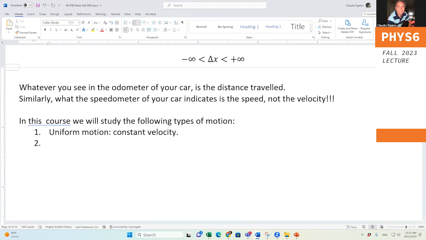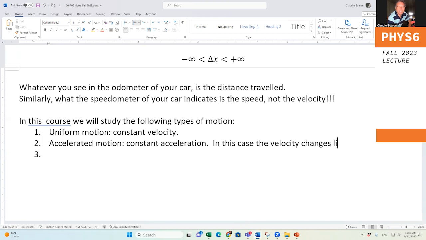And then accelerated motion, which is going to be constant acceleration, something I'm going to define shortly. In this case, the velocity changes linearly with time. And then we have other types of motion as well.